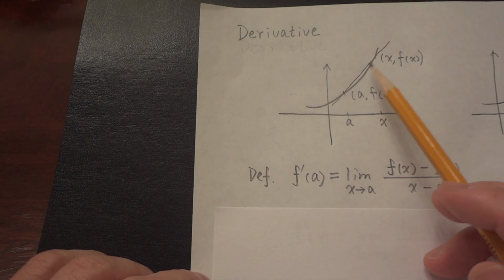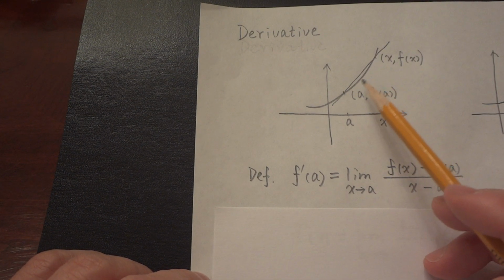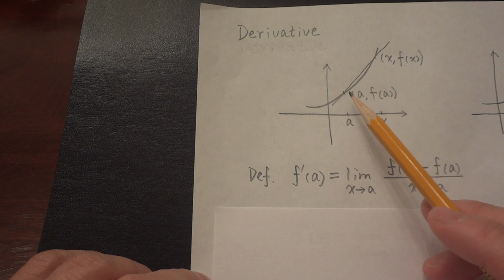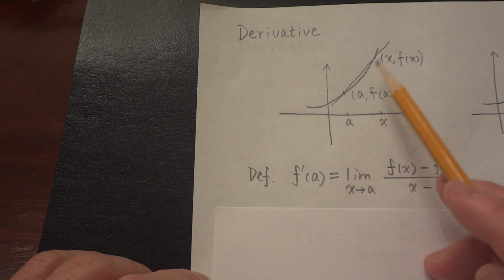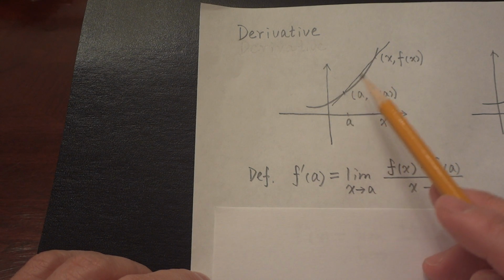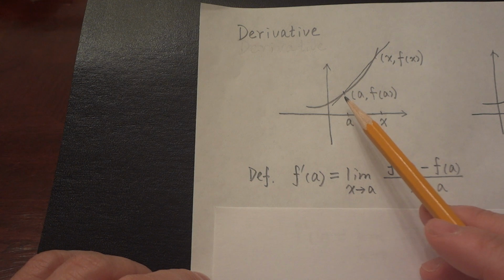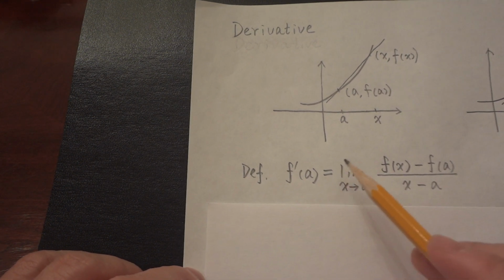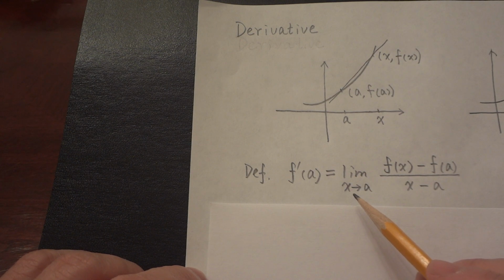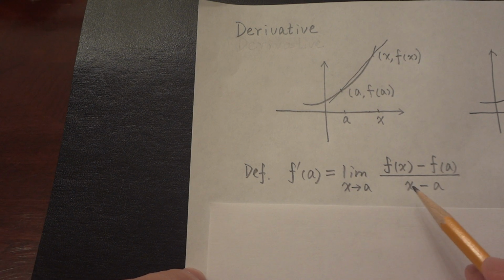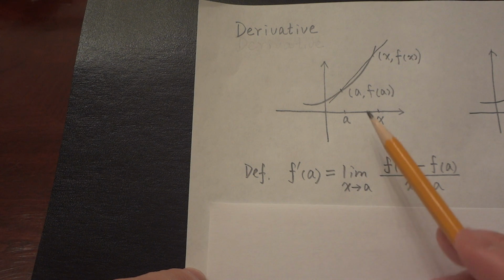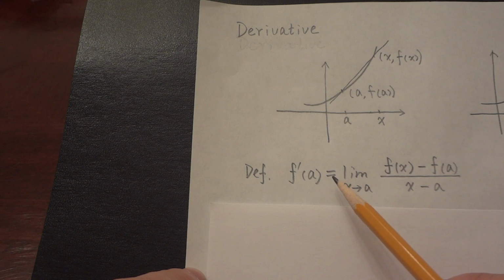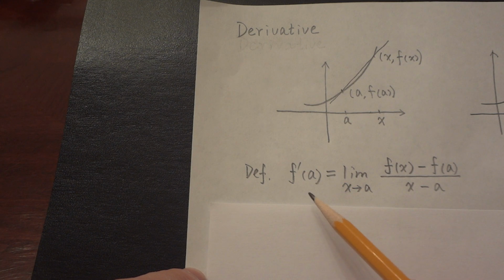And then as the secant line gets closer and closer to the tangent line, in other words, as x moves close to a, the slope of this secant line will be getting closer and closer to the slope of the tangent line. Therefore, one would expect the limit as x approaches a of the slope should be equal to the slope of the tangent line. And that is exactly the definition of f prime at the point a.